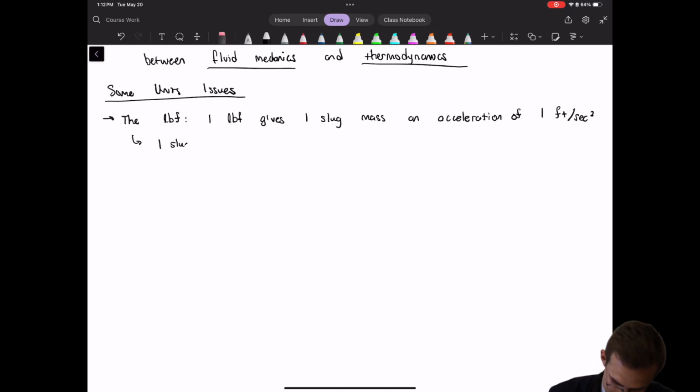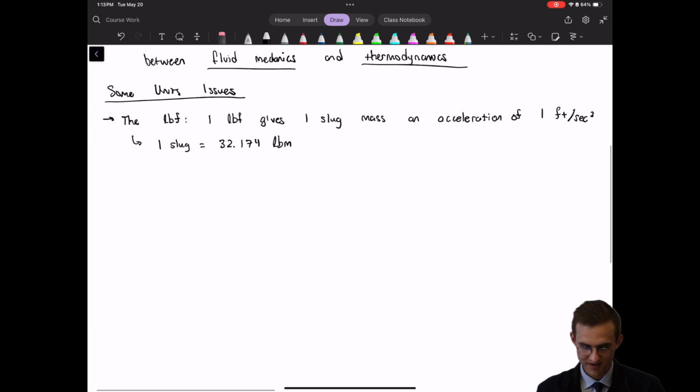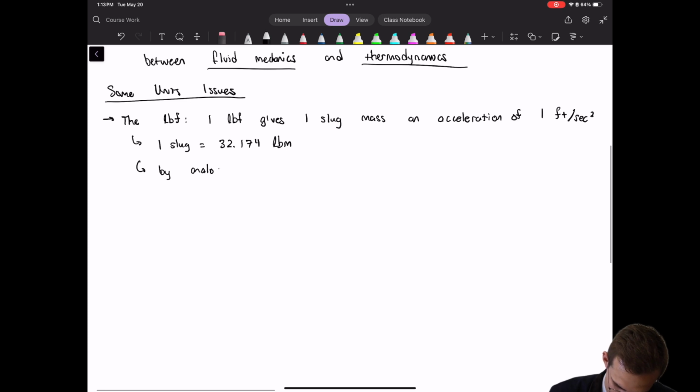Okay, 1 slug is equivalent to 32.174 pound mass. Okay, so this is a little different than SI.